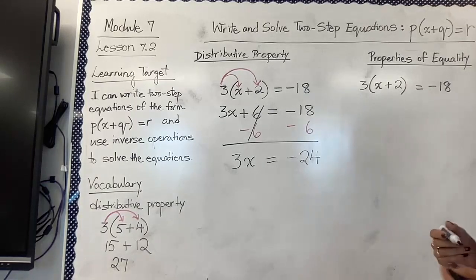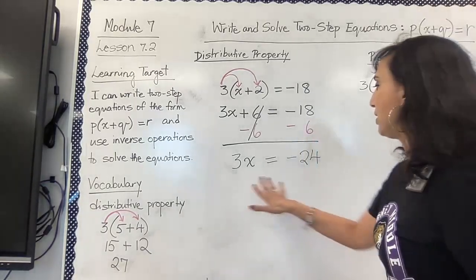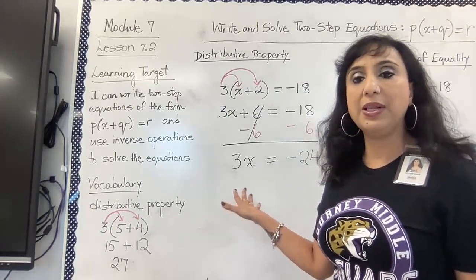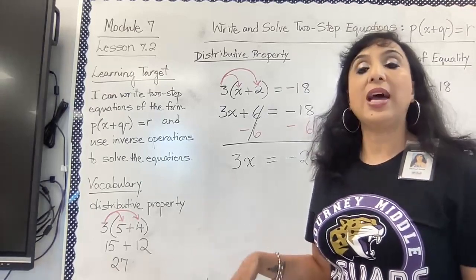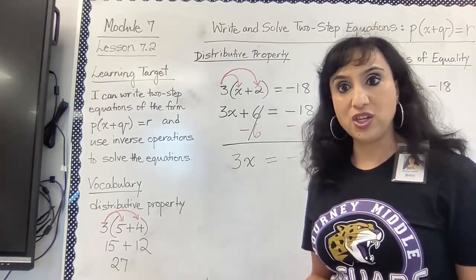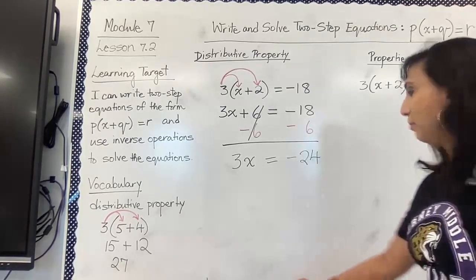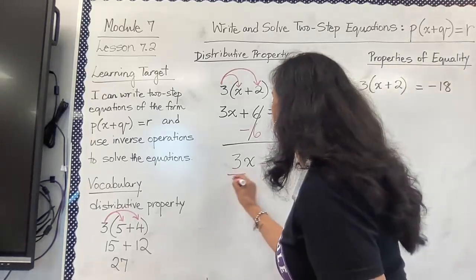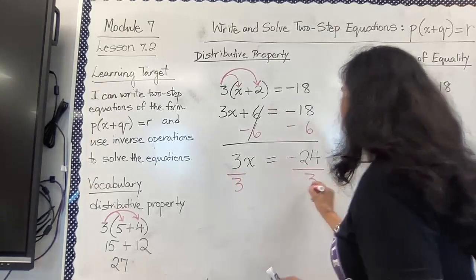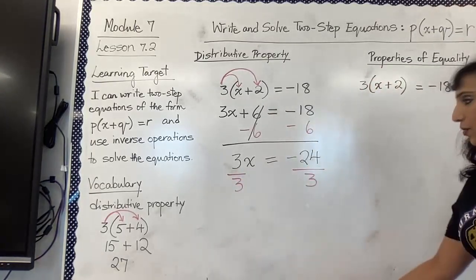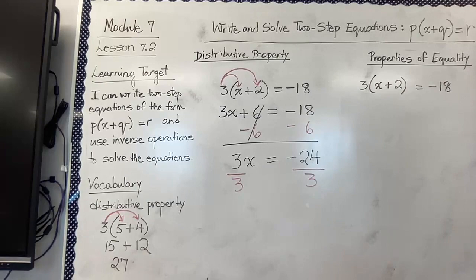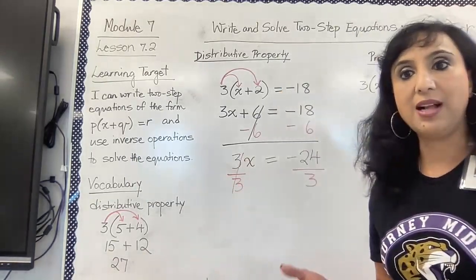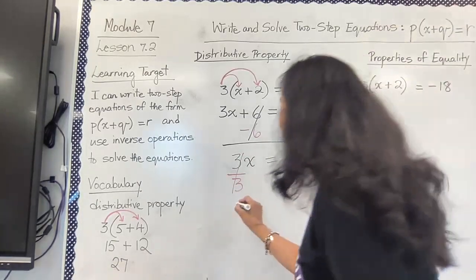Now this is a one-step equation, and I have the coefficient and the variable, that means multiplication, and the inverse operation of multiplication is division. So I am going to divide both sides by 3. 3 divided by 3 gives me 1, and 1 times any number is the number itself, so 1 times x gives me x.